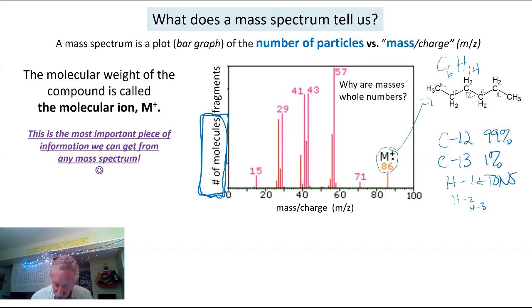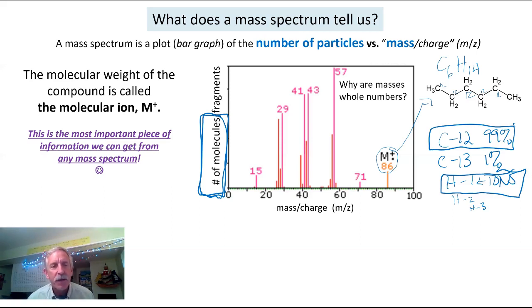So we are going to do all our math, since we're measuring each molecule one at a time. We're going to do all the math for molecular weight based on the most abundant isotope in nature, carbon-12 and H1. And therefore, there should be no decimals. This is based on carbon-12 and H1. If you did the math and figured out 14 times 1, 6 times 12, you should come up with 86.